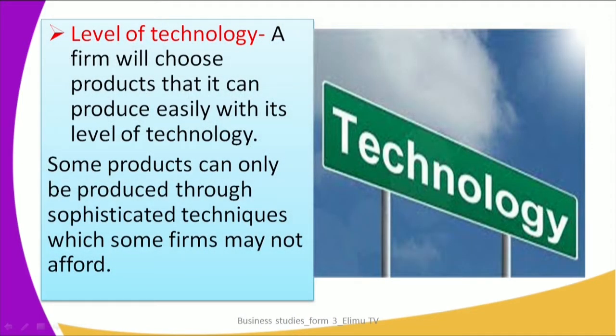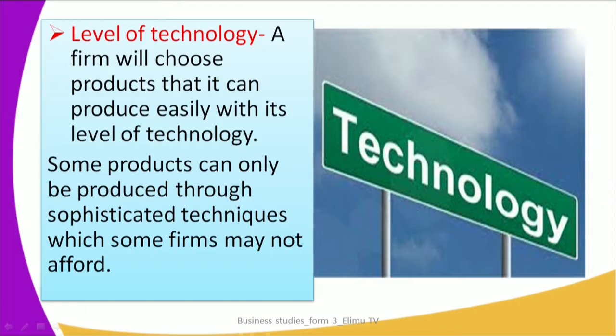The other factor is the level of technology. A farm is supposed to choose to produce products that it can produce easily with its level of technology.